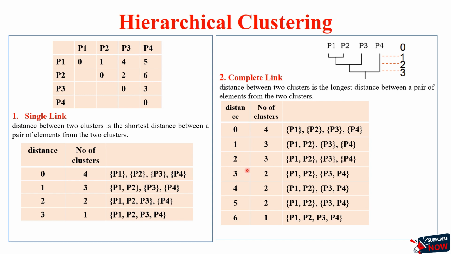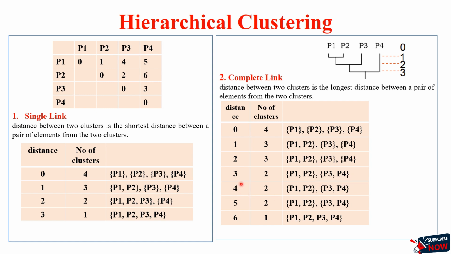So increasing the distance to 3, again looking at the distance matrix, P3 and P4 are at a distance 3. So we can merge P3 and P4 and make it a cluster.